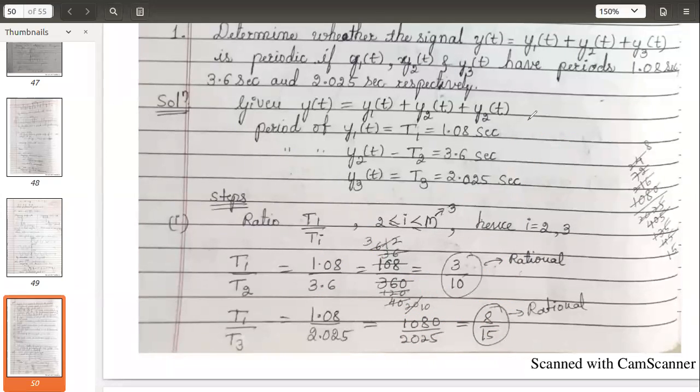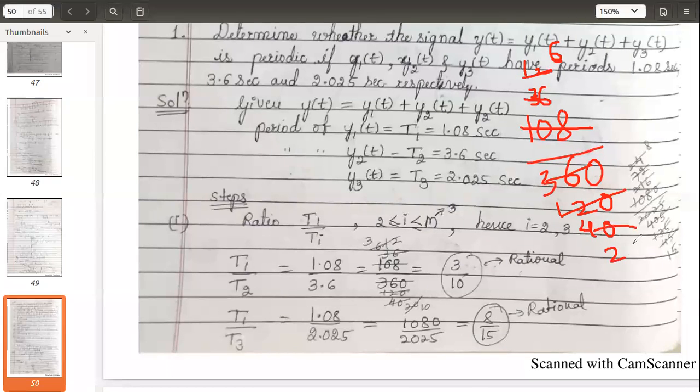Okay, it is 108 divided by 360, so let me just start dividing. 3 3s are 36, then 3 1s are 3, 3 2s are 6 and 0, then 3 1s are 3, 3 2s are 6, 4s are 0, then 12. 2 6s are 12, 2 20s are 40, then 2 3s are 6, 2 10s are 20, further I can't divide it.